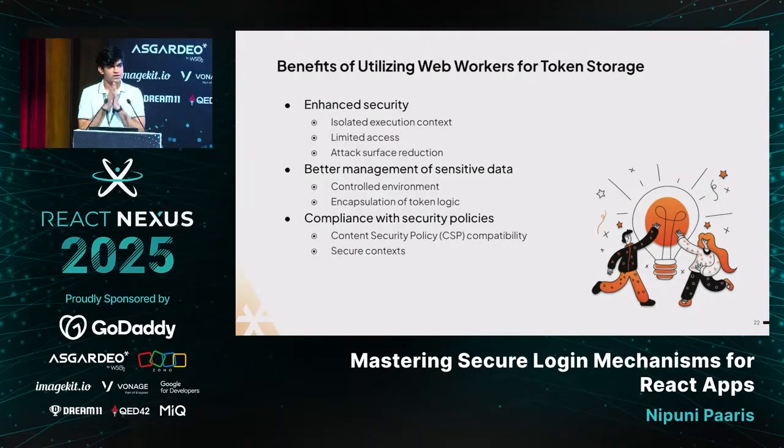A web worker works on another thread, not the main thread. So the token stored in the web worker is isolated from the main environment, and that way we can prevent XSS and CSRF attacks. If the script is malicious and tries to get the token, it won't be able to, because it doesn't have DOM access, right?